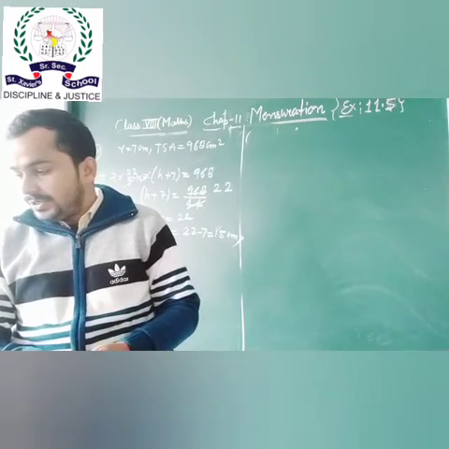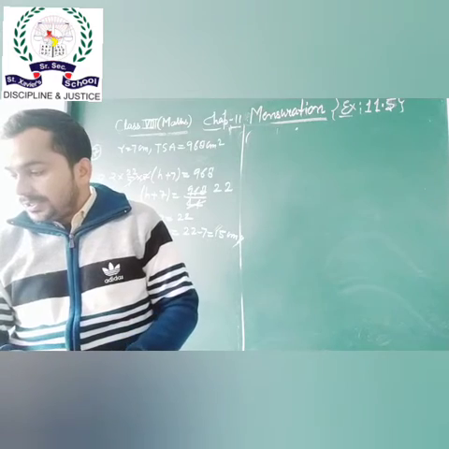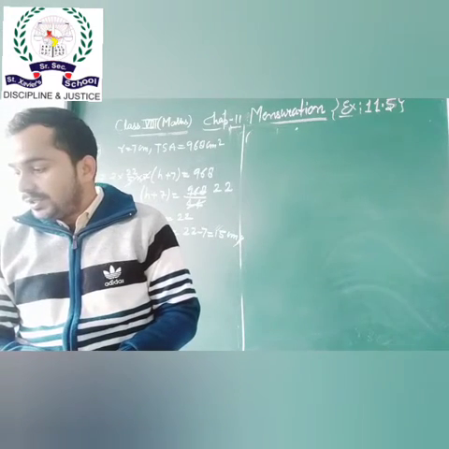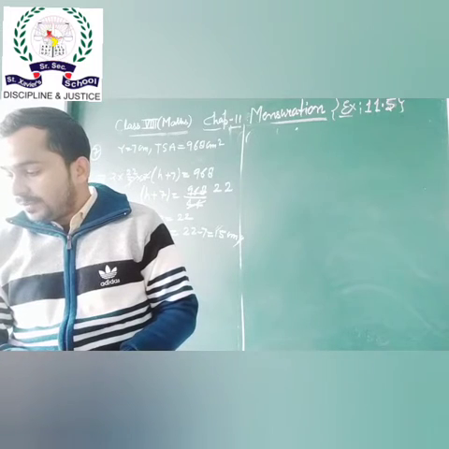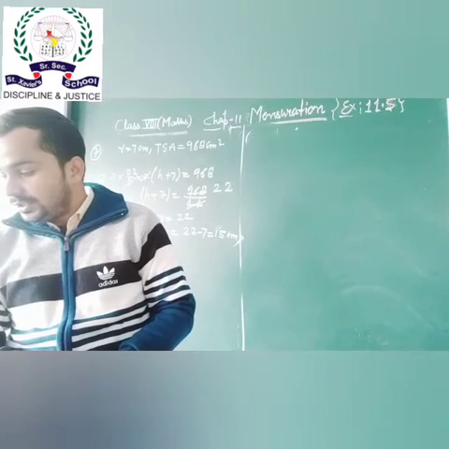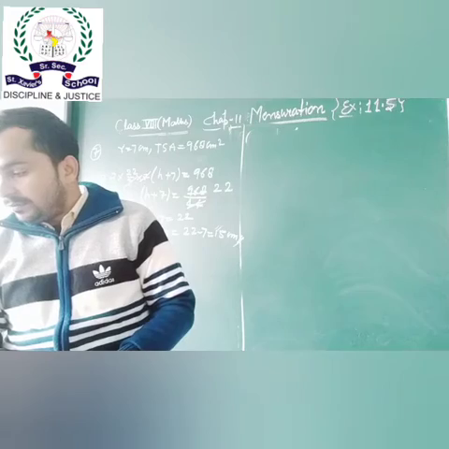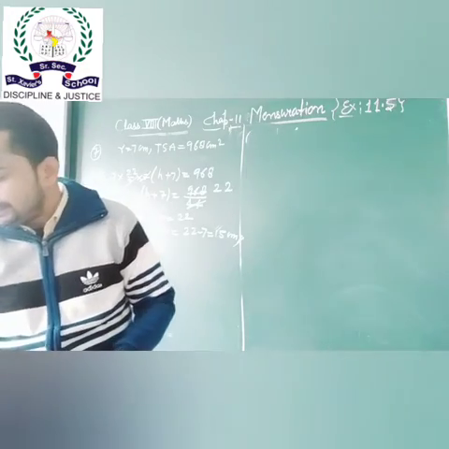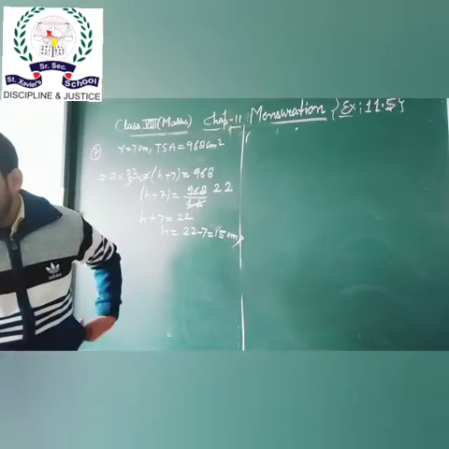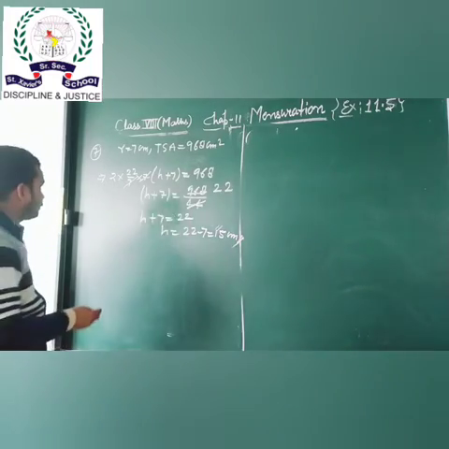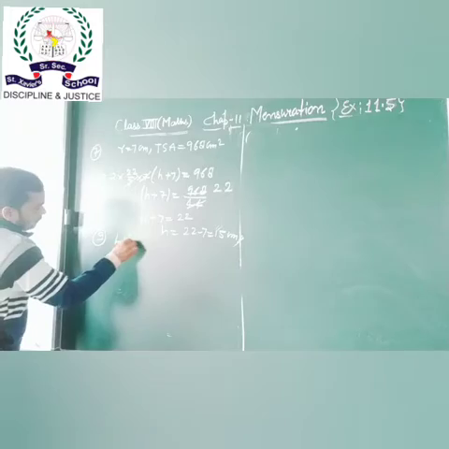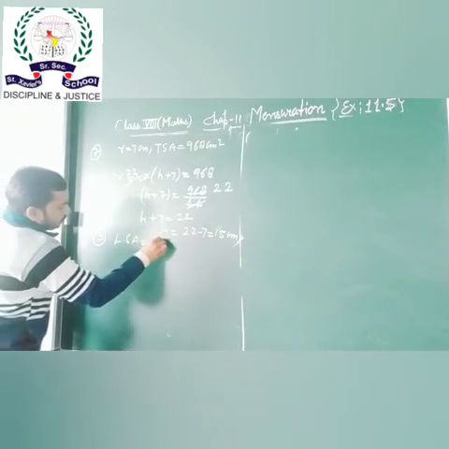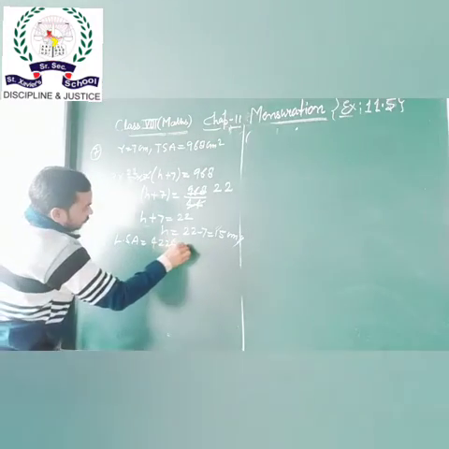Now question number 9. Lateral surface area of hollow cylinder 4224 centimeter square.